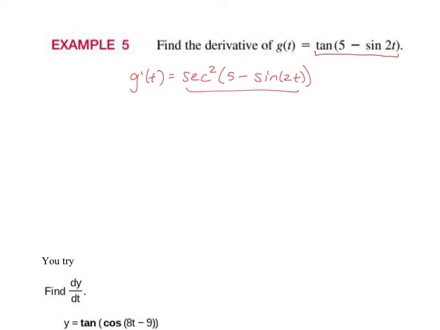So this is the derivative of the outer. And then I'm going to take the derivative of the inner, which is this part of it. So the derivative of 5 is 0, and the derivative of sine of 2t is cosine of 2t.